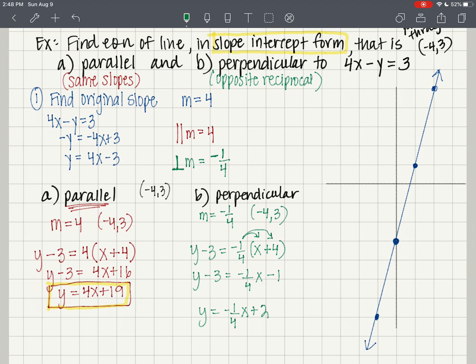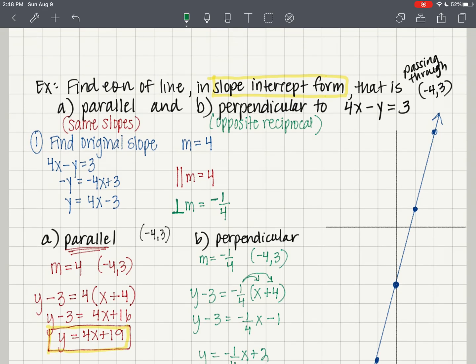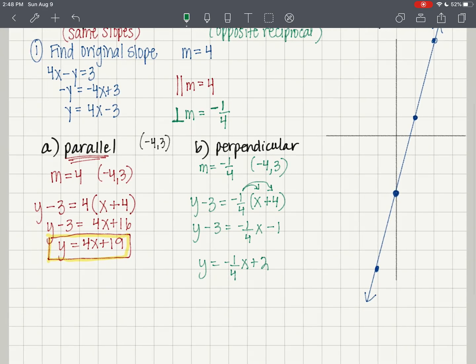Now, y equals 4x plus 19. The way I drew this is going to be really difficult for me to sketch on this plane, because 19 would be way up here. So I can't plot this with the y-intercept, but I can plot it by putting in, let's say, a -4.